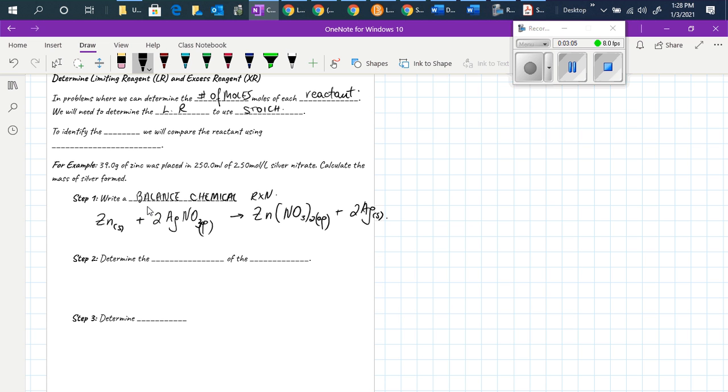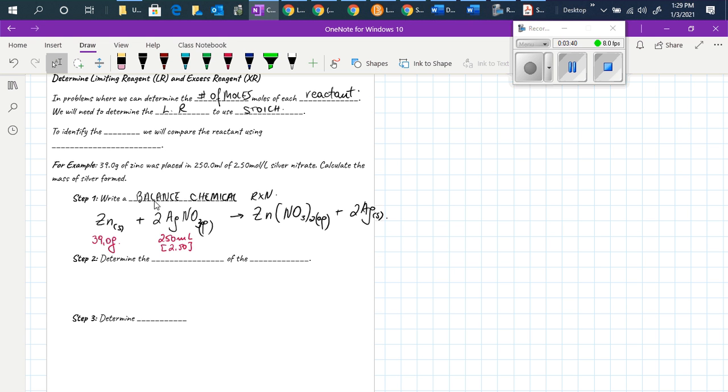Now, the second step is to determine the initial moles of the reactants. See what is given here. We have a mass of 39.0 grams of zinc that is reacting with 250 milliliters of silver nitrate at a concentration of 2.50 moles per liter.